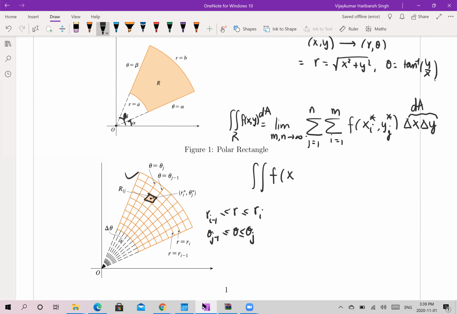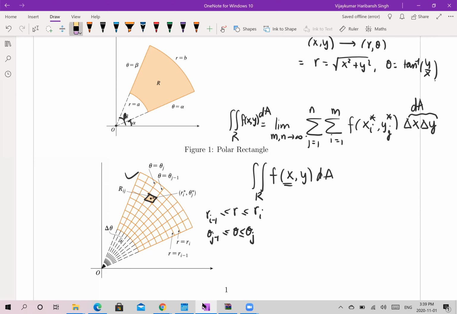So I have f of xy dA over region R, and I can write it as a Riemann sum.